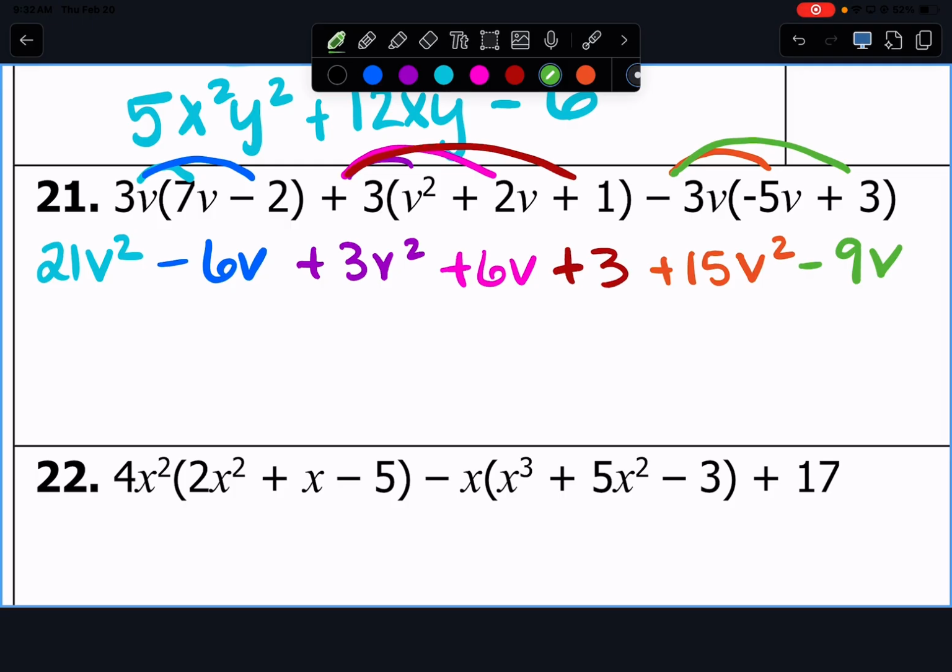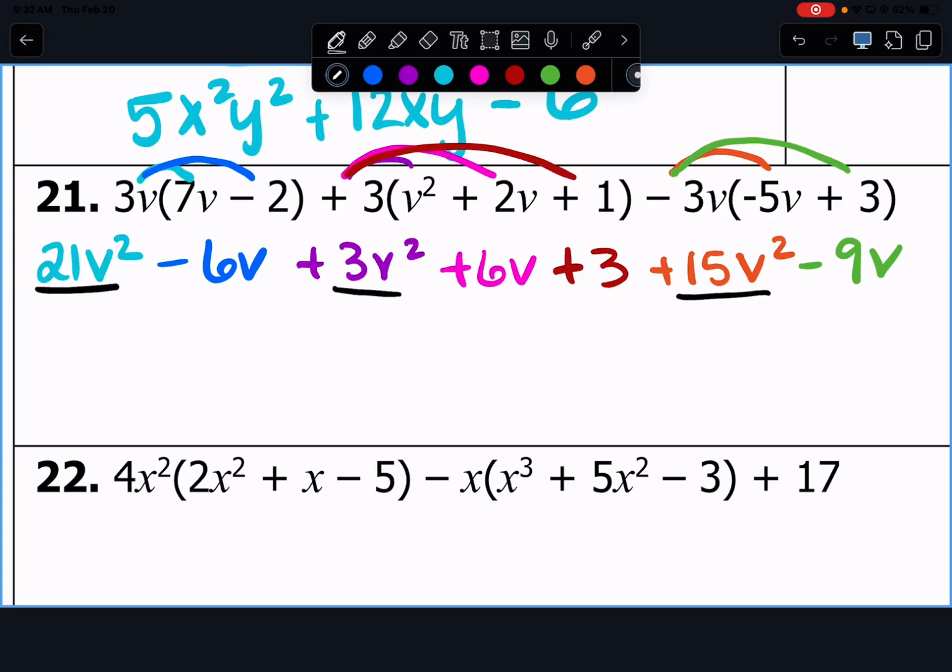All right, so now, to go to standard form, we need the biggest exponent first. So what's our biggest exponent we got? Squared. So we're going to do 21v, 3v, and 15v squared.